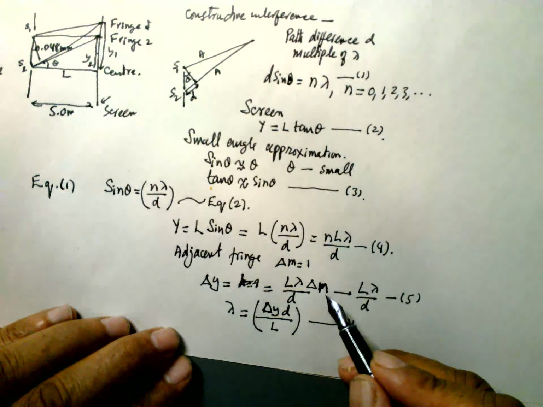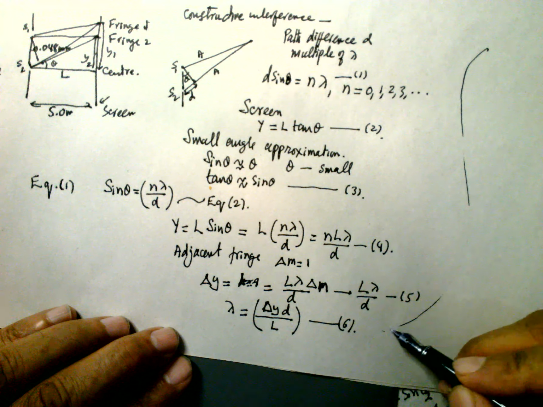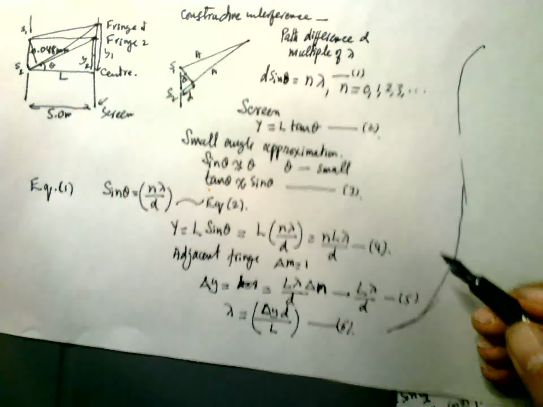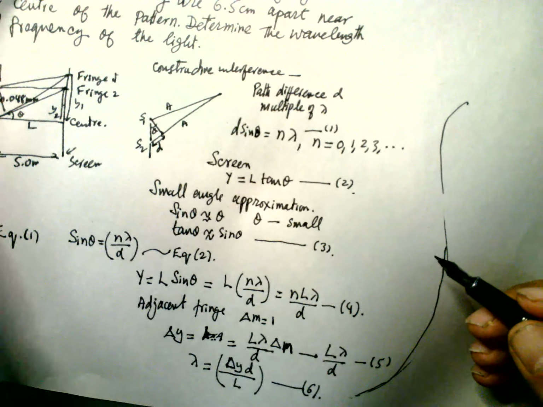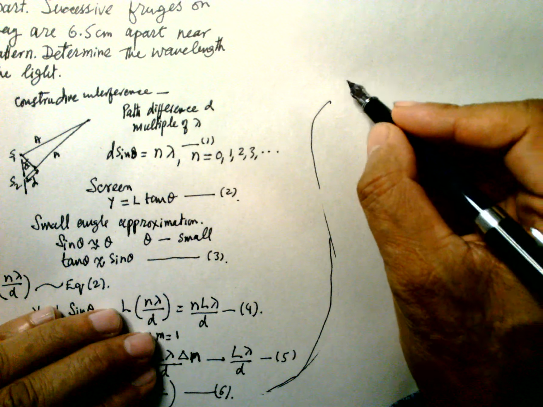So delta m is equal to 1, so already we have used 1. So from here, if you substitute the values, then we can find the value of the wavelength.